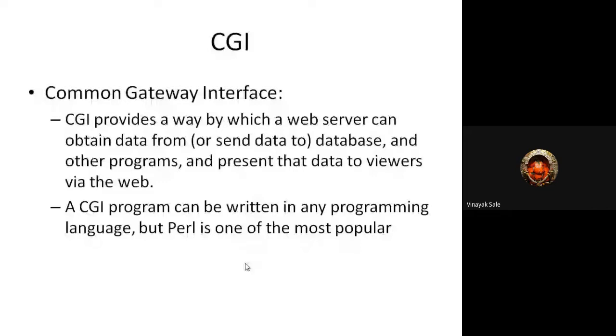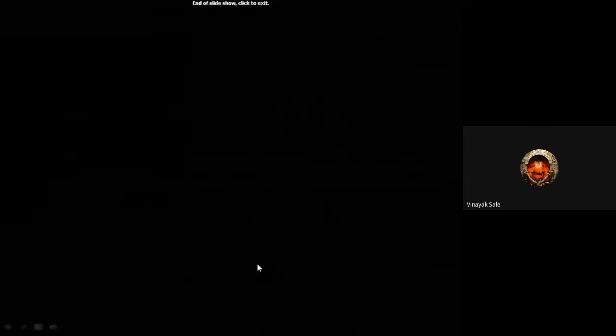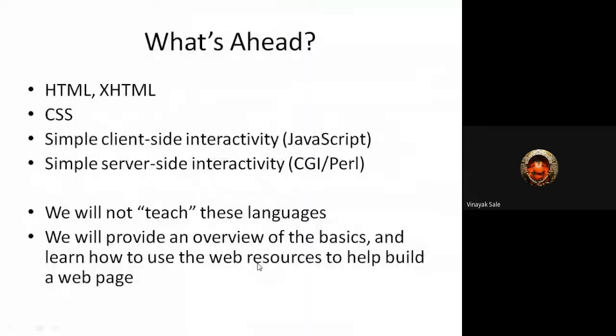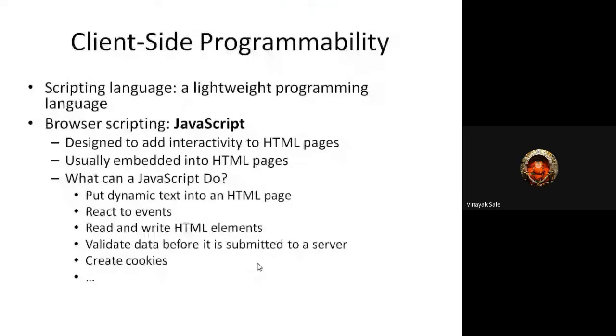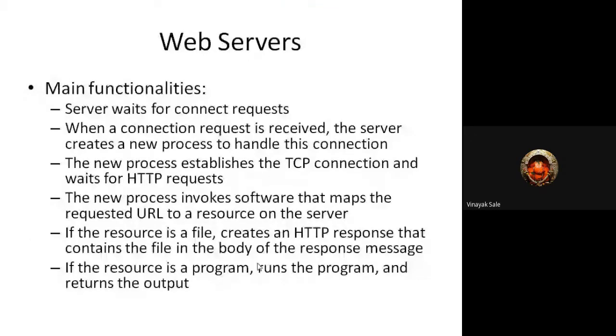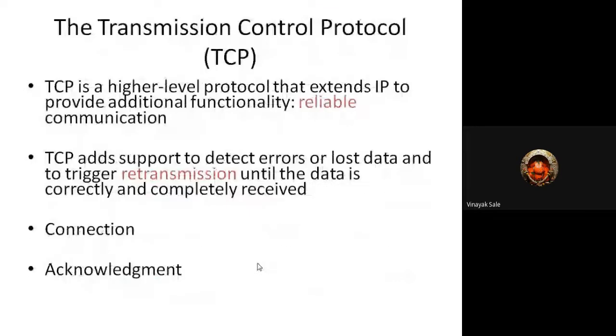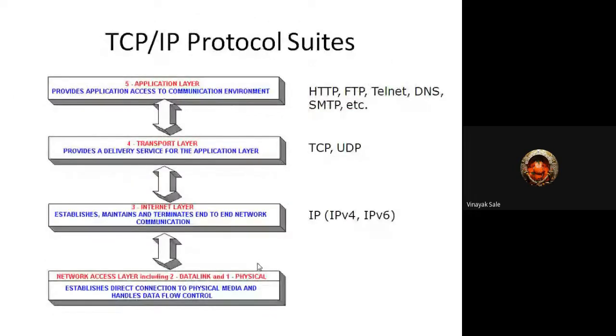Okay, and then different languages are used for developing this web technology, and for developing web technology we are using different protocols such as IP protocol, then TCP, UDP, then HTTP, FTP, Telnet, DNS, and SMTP.